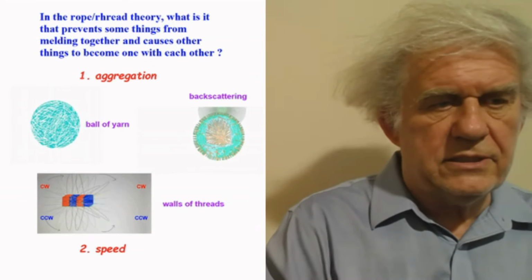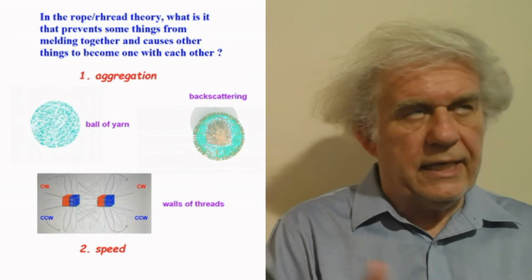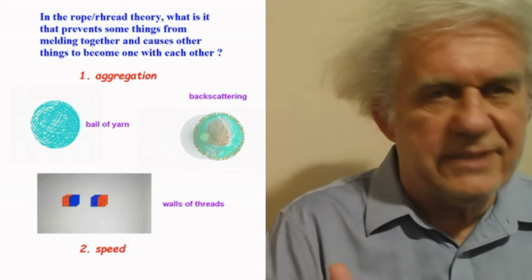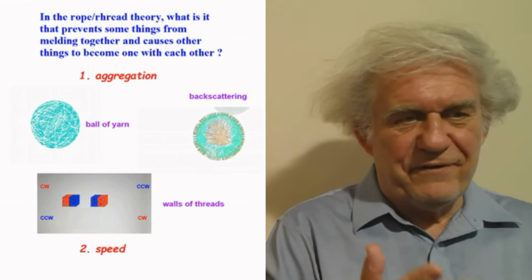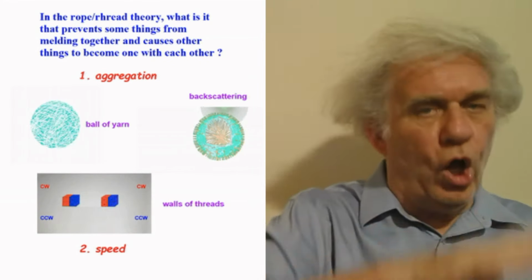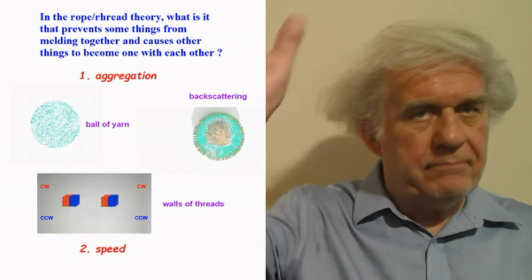And then the other one is magnetism. Do the threads touch each other? Yes, they do. I hate to say that here because people say, oh, they touch. No, they don't touch. But for the purposes of magnetism, we have these walls of thread. Walls, aggregation. You have many walls.